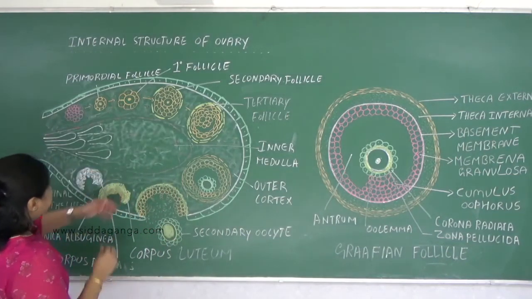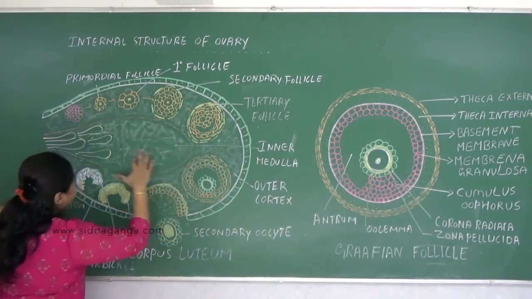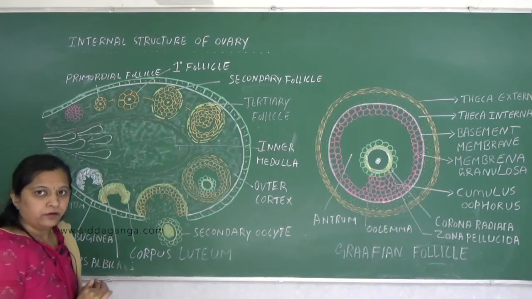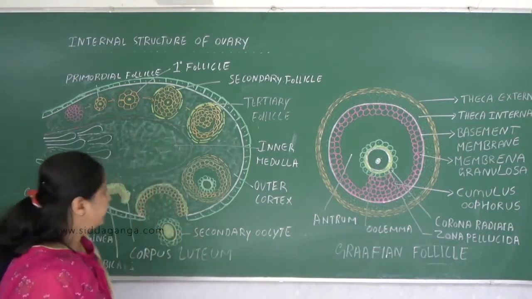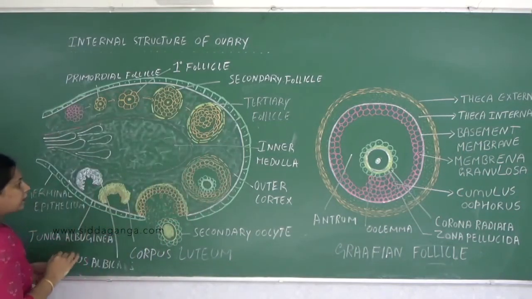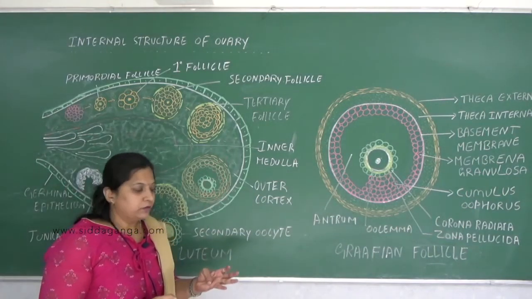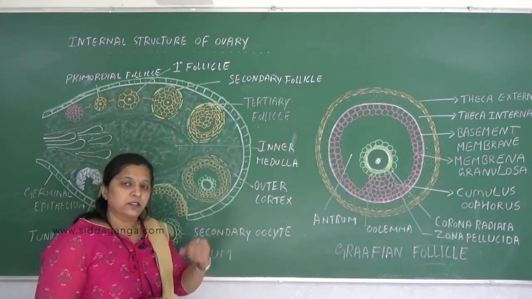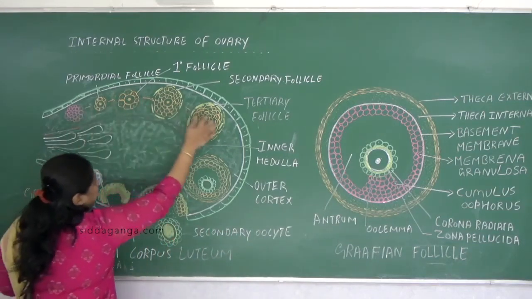Then the central region, from here to here, is called the medulla region. And what is present in the cortex region and what is present in the medulla region? See here, this is the cortex region. In the cortex region there is dense connective tissue along with some collagen fibers, some stromal cells, and here you can see the presence of a number of follicles.